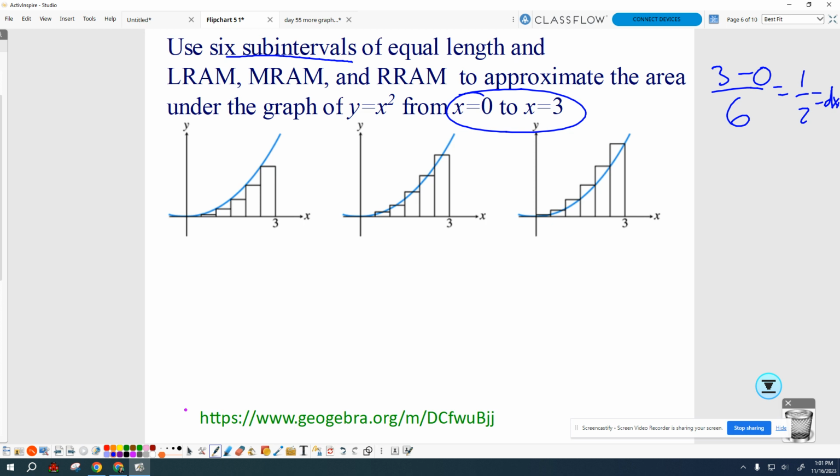That's the change in x, by the way. The width of each of these little rectangles is 1/2. Every single one, 1/2. You agree? Because the problem says 6 subintervals from 0 to 3, cut into pieces.